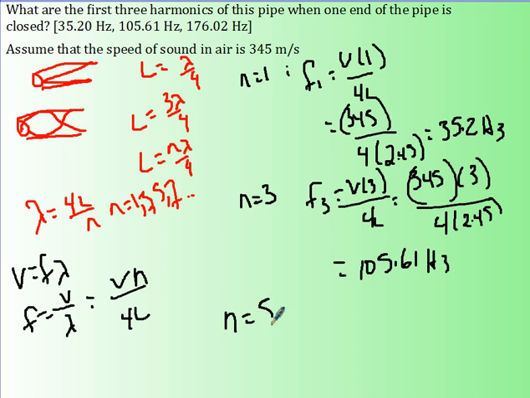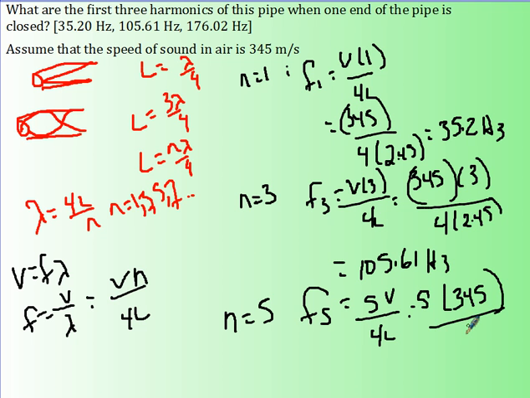For N equal 5, F5 is 5V divided by 4L. So it's 5 times, let's see, what was V? 345 divided by 4 times 2.45. So you get a frequency of 176.02 hertz.